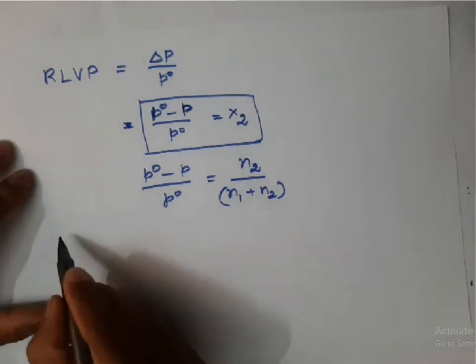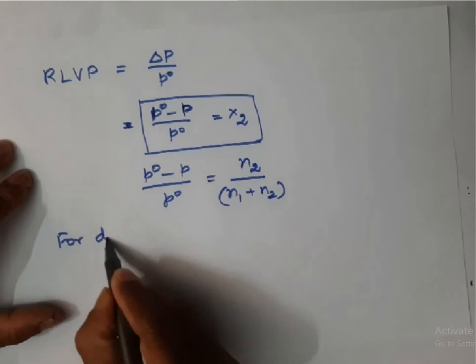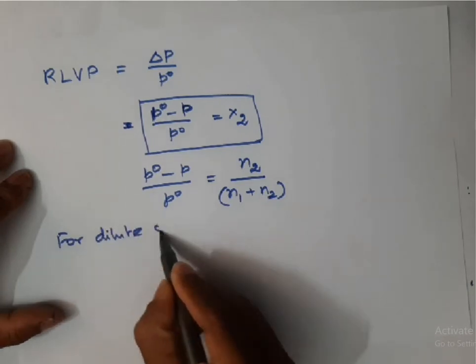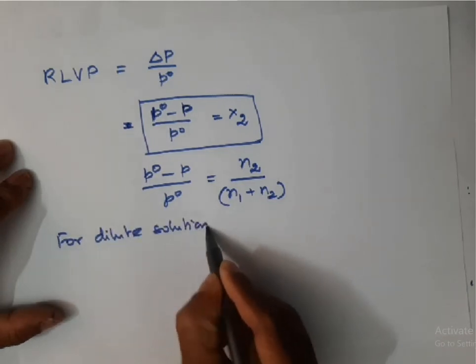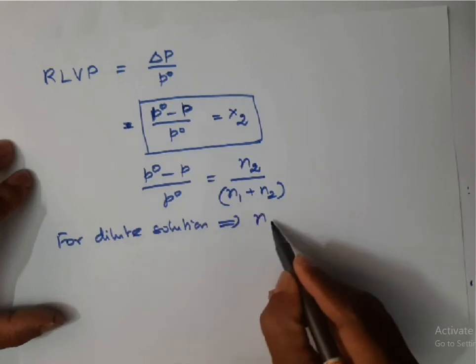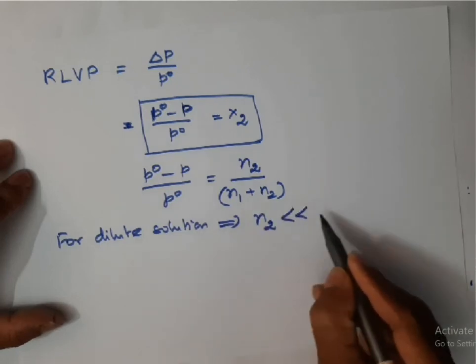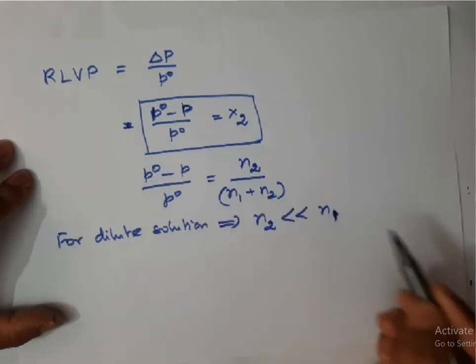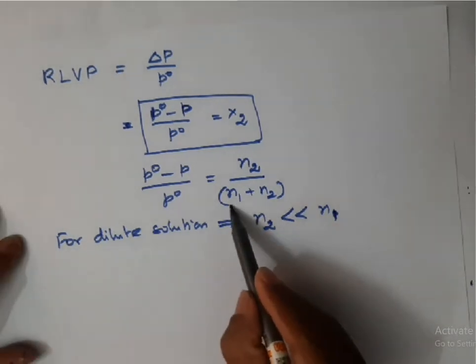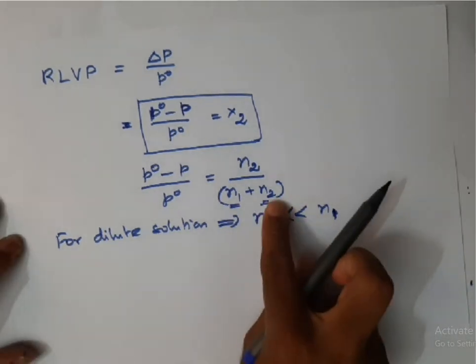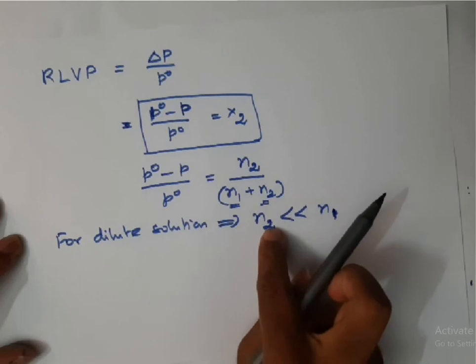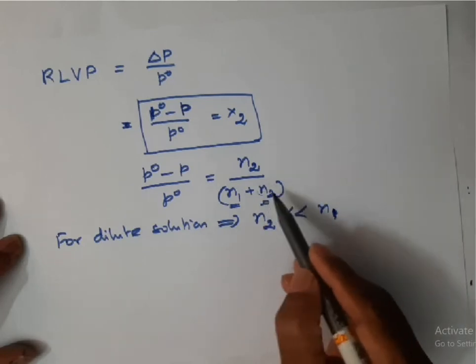So for a dilute solution, the number of moles of solute is very, very less compared to the number of moles of solvent. So if you compare N1 and N2, N2 is negligibly small. Therefore, I am going to neglect N2 here.